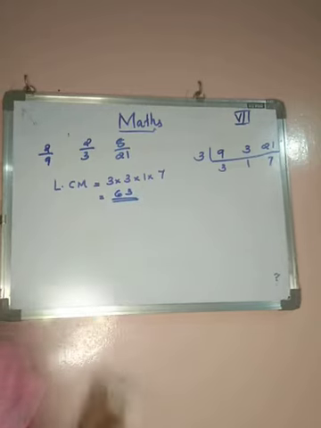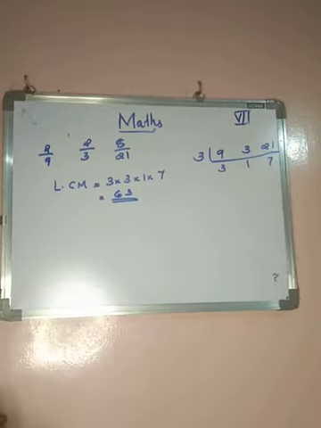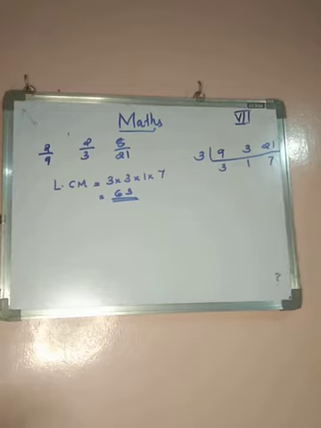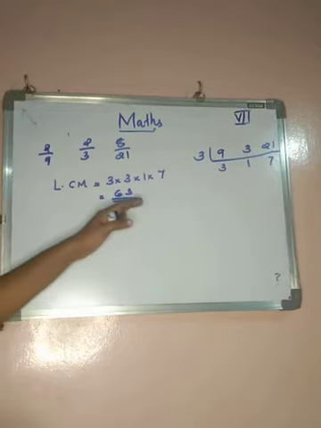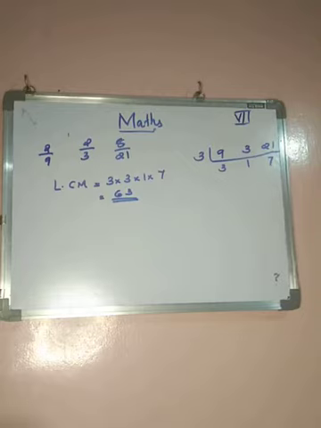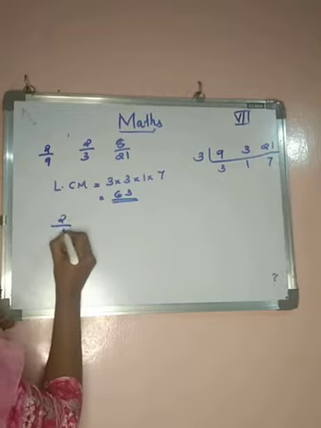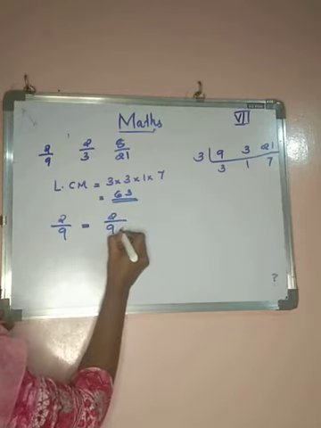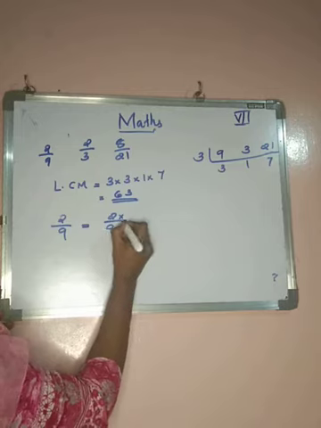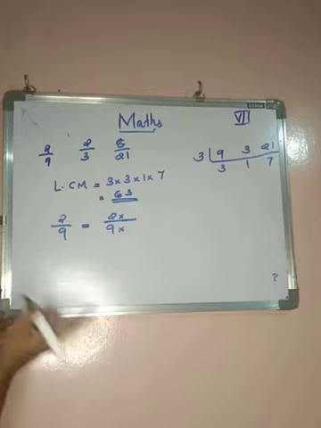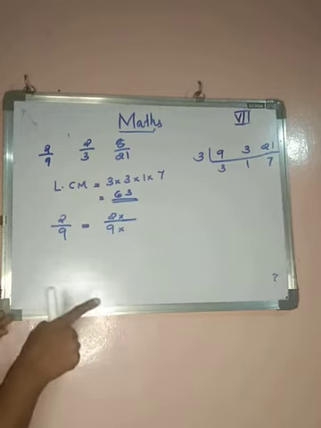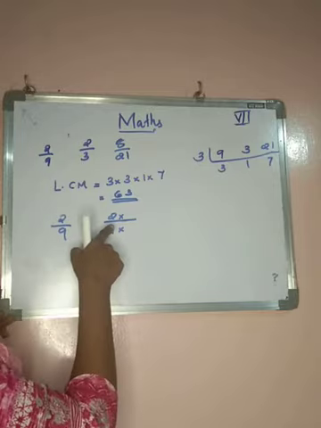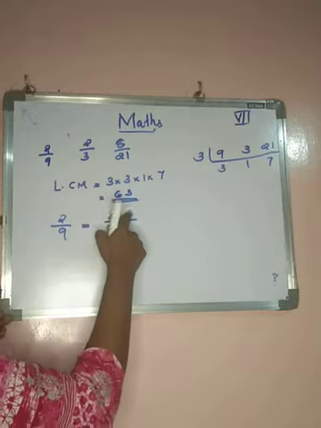Then we convert each of the fractions so the denominators become 63. So 2 by 9 is equal to 2 by 9, multiplying numerator and denominator by 7.